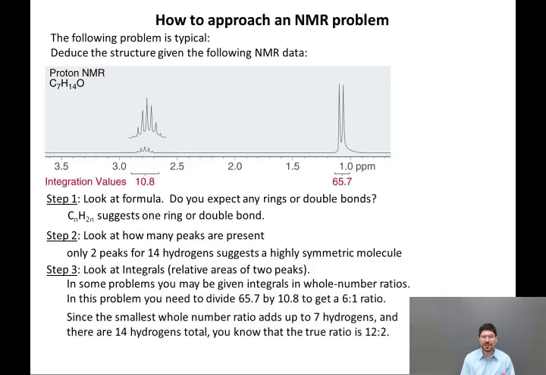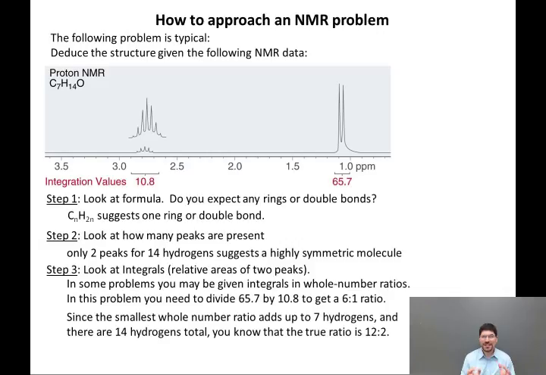So in some problems, you may be given integrals in whole number ratios already, like 6:1. In this problem, you need to take the bigger number, 65.7, and divide by the smaller number, 10.8, to get a 6:1 whole number ratio.